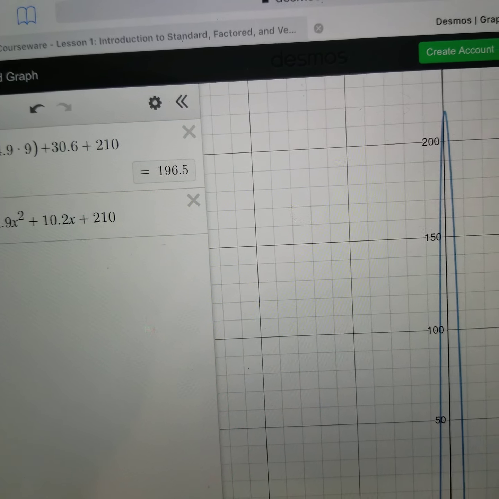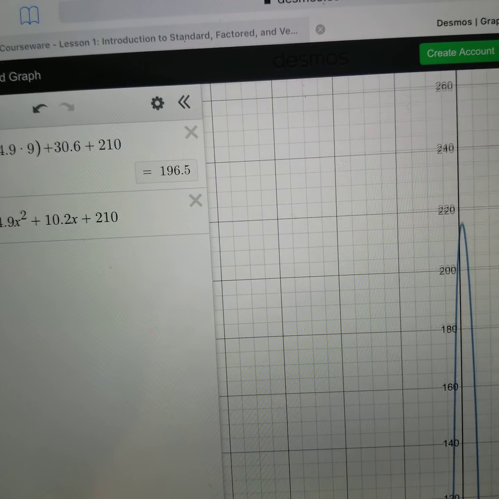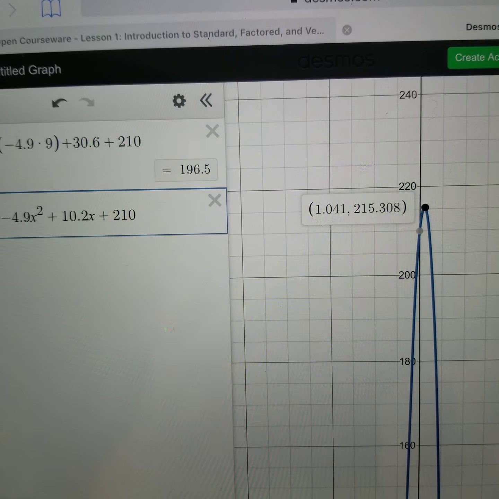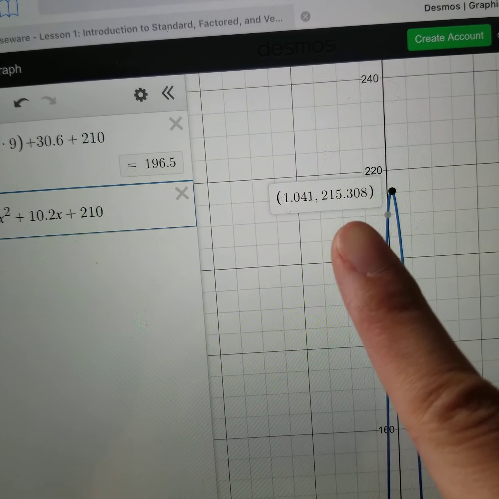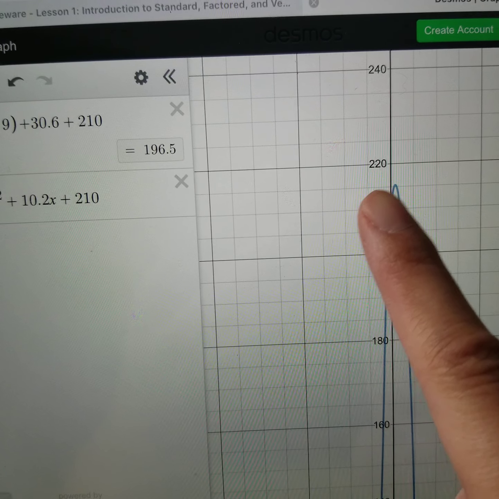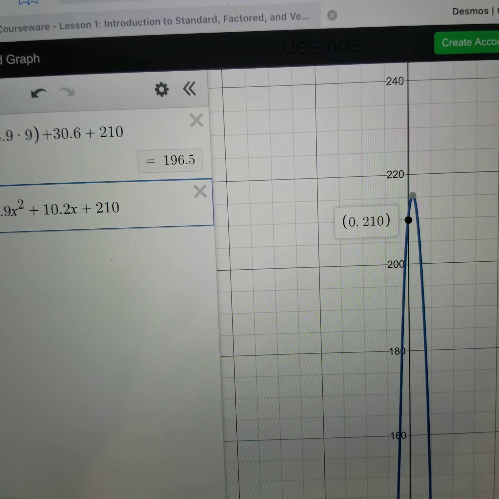If I check these points that they wanted, the vertex is located here. So this would be the vertex that you would calculate. So we would conclude that the maximum height would be this 215.3 meters. Here's our initial height or our initial value that we calculated at 210.